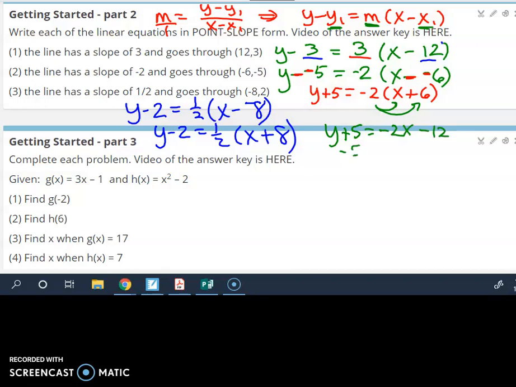And then if I subtract 5 from both sides, you get y by itself, I end up with negative 2x minus 17. So this would be a way of taking the point slope equation and turning it into slope intercept.